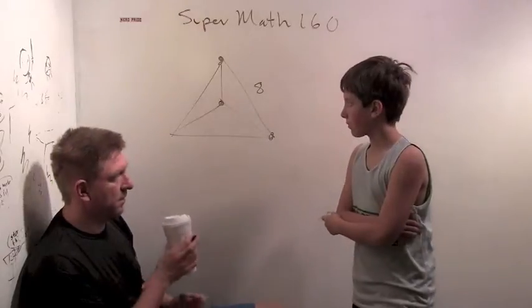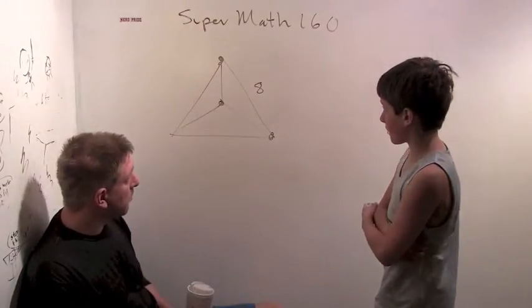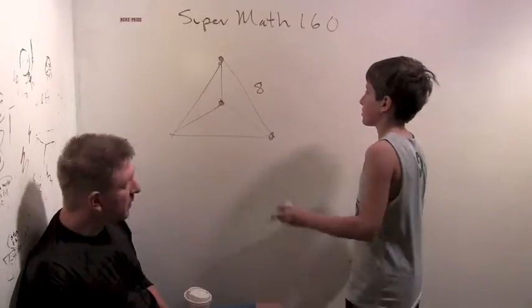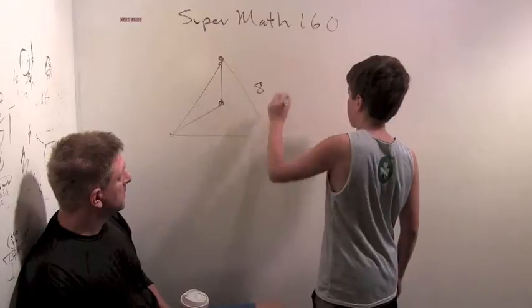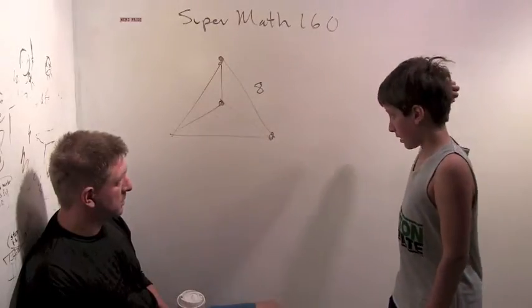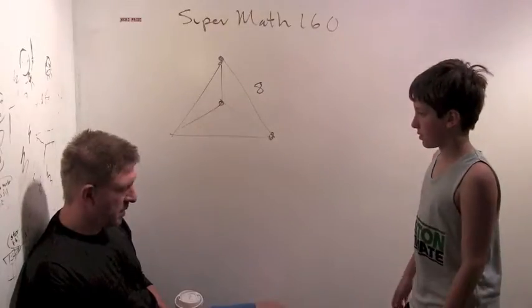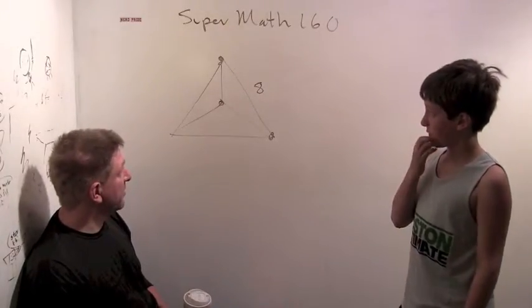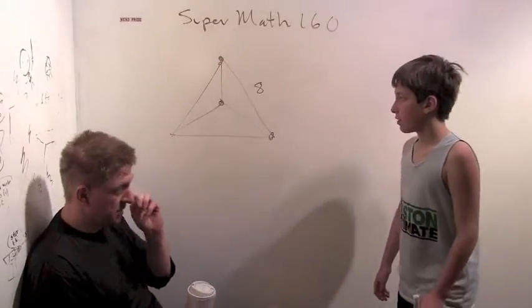What do we do? Well, the volume of any pyramid is the area of the base times the height of the pyramid all over 3. Okay. So for any pyramid, volume is 1/3 times the area of the base times the height. Good start.